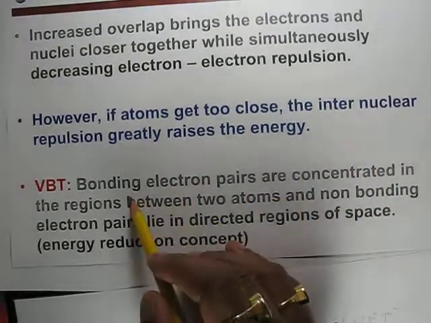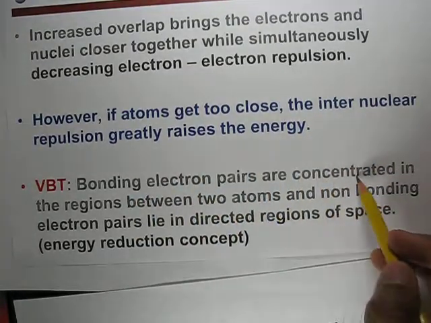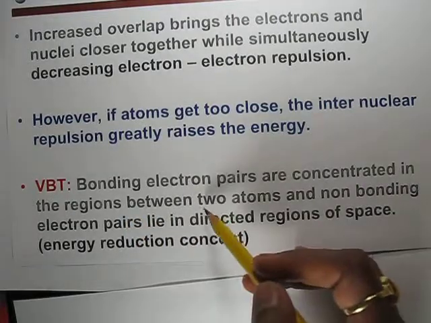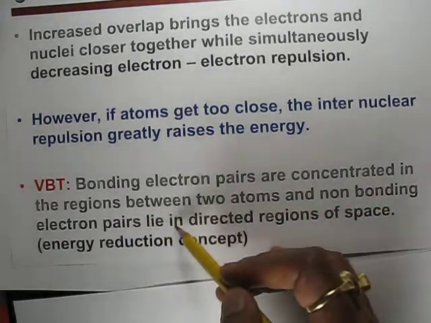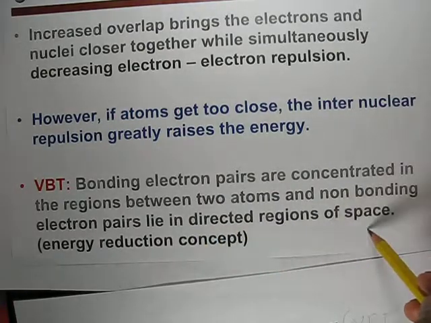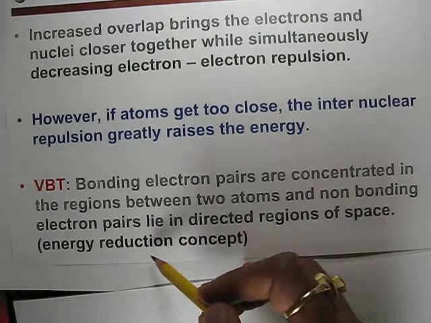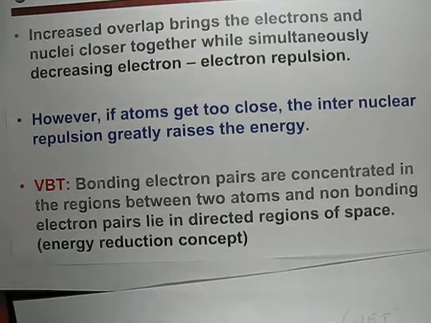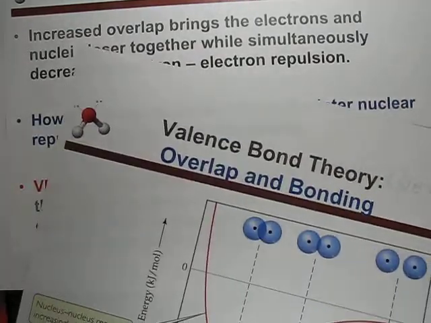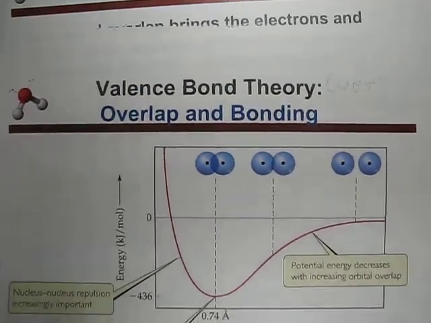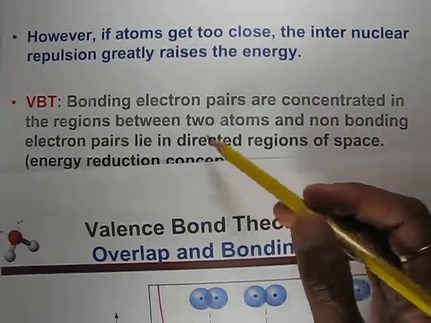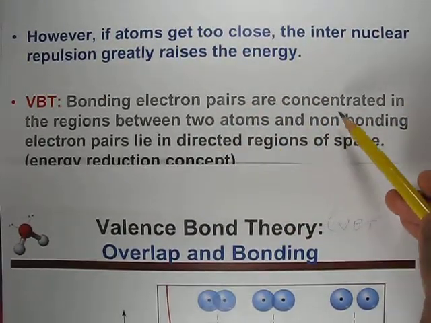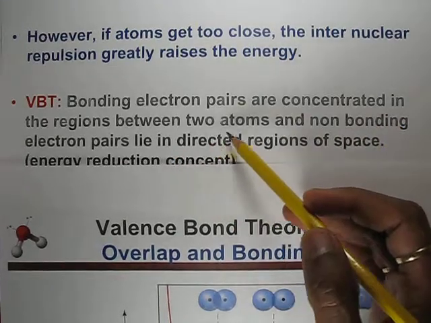That is why VBT theory says that bonding electron pairs are concentrated in the region between two atoms, and non-bonding electron pairs lie in the direct region of space. Energy reduction concept: to reduce the energy of the overlap, the bonding electron pairs are concentrated in the region between the two atoms.